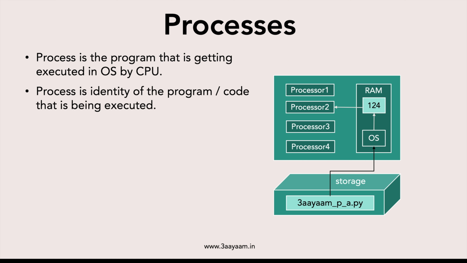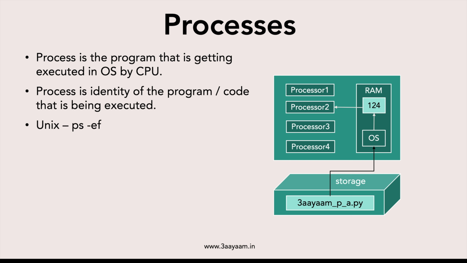So there should be a way to identify this program individually, so it does not get mixed with other programs that are getting executed. That's why each program that is getting executed gets a process ID, or PID. And there are various ways to look at processes. In Unix, it is ps -ef.